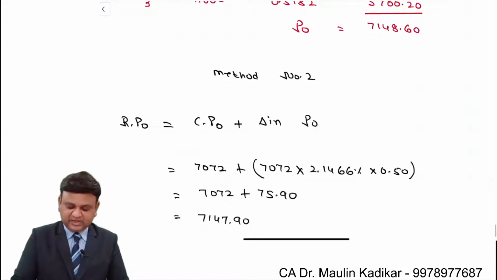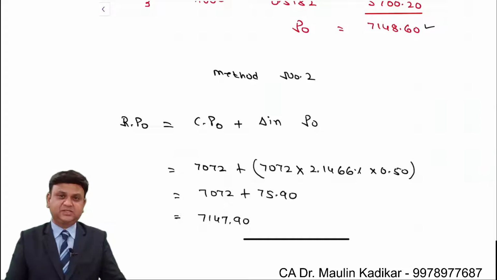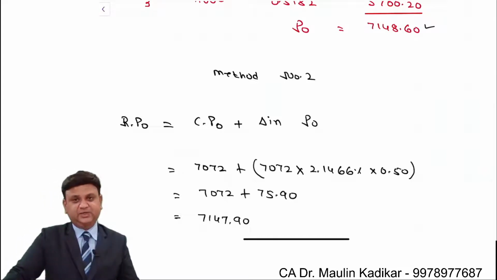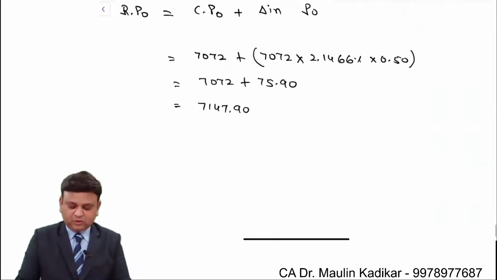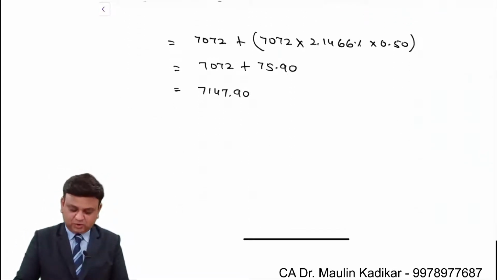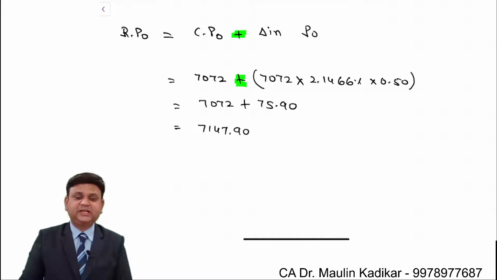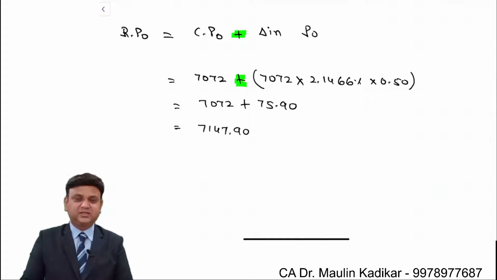You can see it is very near to this answer. There is hardly 70 paise difference, so either of the presentations is acceptable in examination. Now friends, I hope everybody has understood why I have mentioned plus over here. Because there is a reduction in the required rate of return, so the price of the security increases.